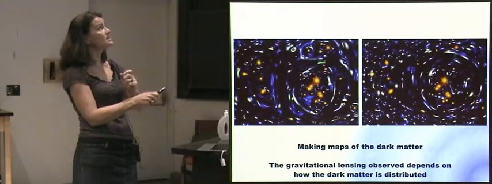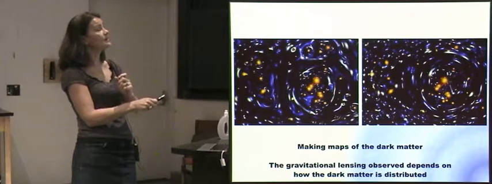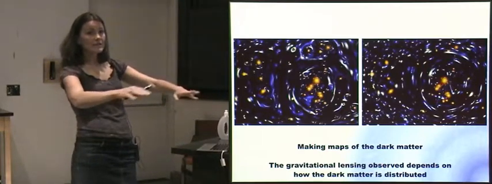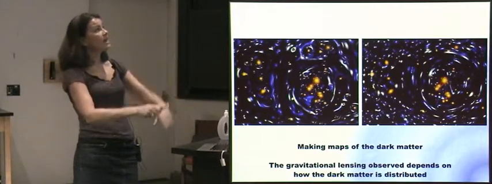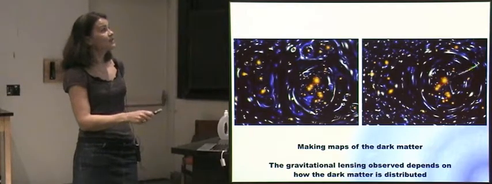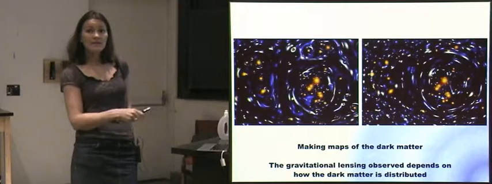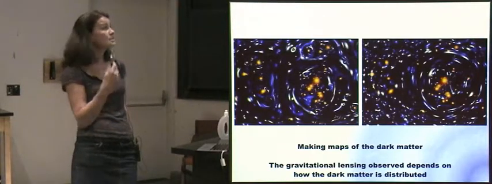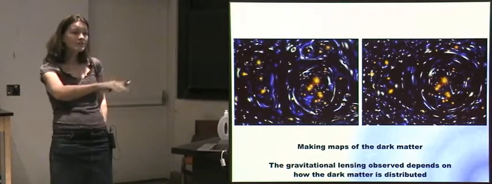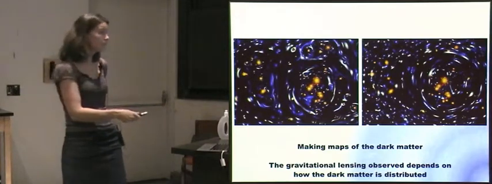And then we looked at the subsequent lensing that you see. In the second panel, we evenly distributed the dark matter, so made it not so clumpy, and then you look at the gravitational lensing. You can see there is a clear difference in this lensing pattern based on the distribution of dark matter. So it's not just the amount of dark matter that we can measure with lensing, but we can also measure how it is distributed in the universe.